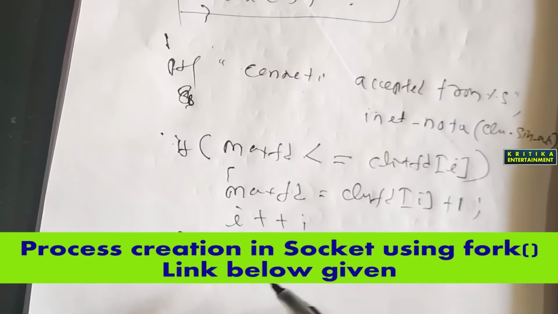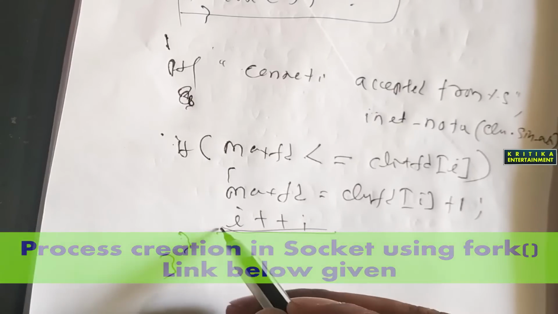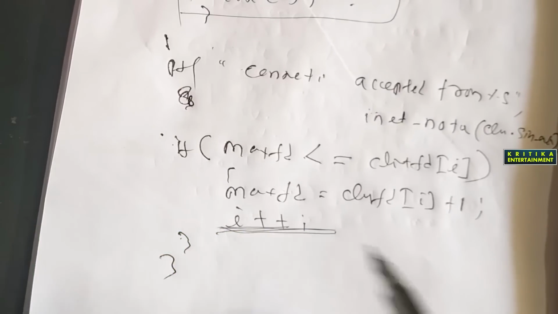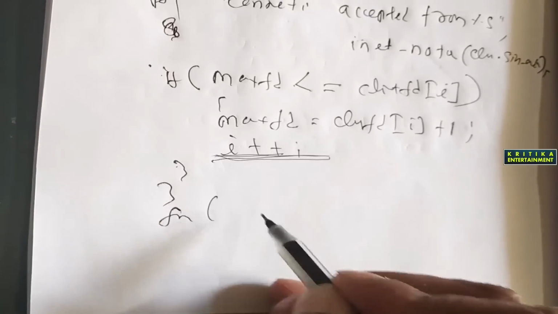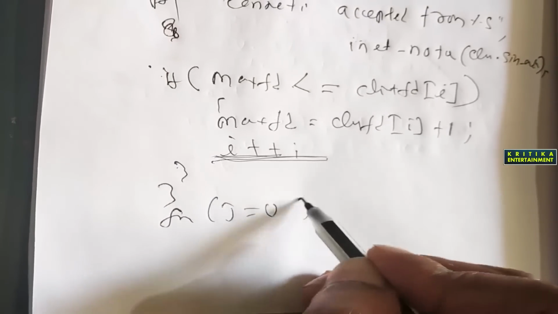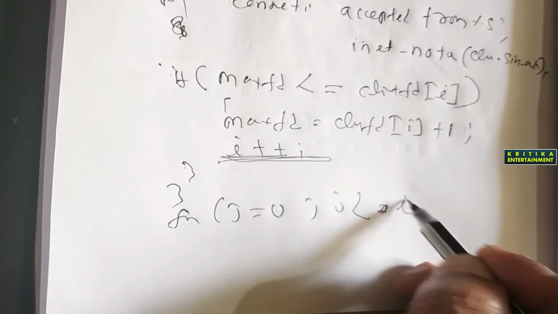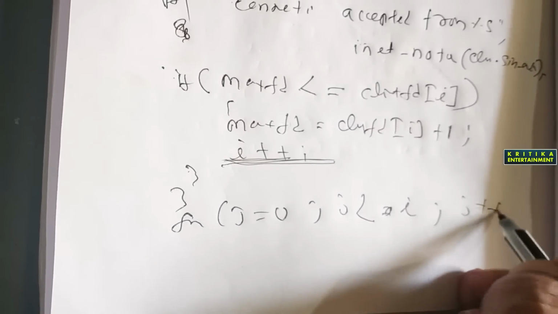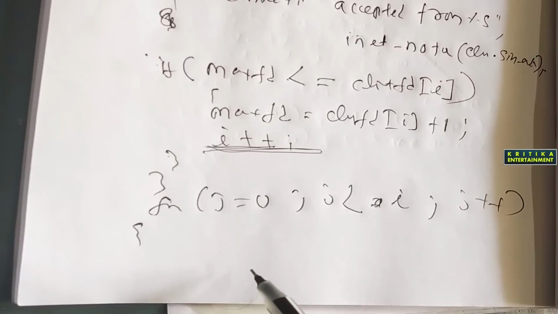Then after finding the number of clients by increasing i plus plus, I will use the loop again, for j is equal to 0, j less than i, then j plus plus.